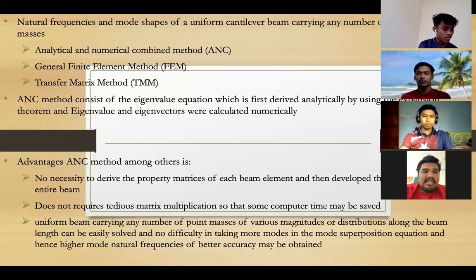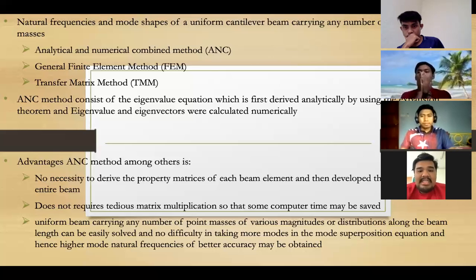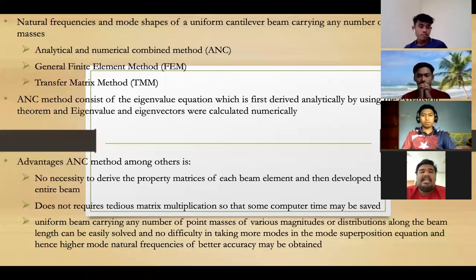The last one is that a uniform beam carrying any number of point masses of various magnitude and distribution along the beam line can easily be solved, and there is no difficulty in taking more modes in the mode superposition equation, and hence higher mode natural frequencies or better accuracy may be obtained.